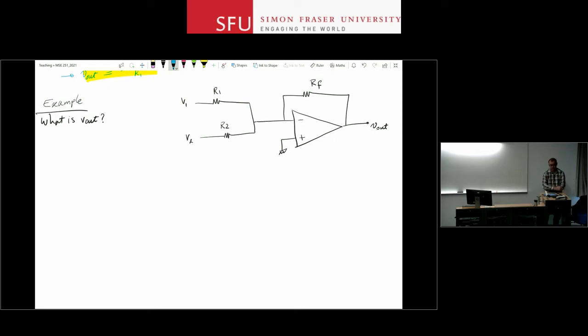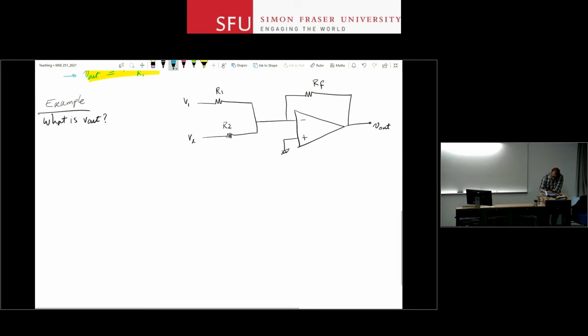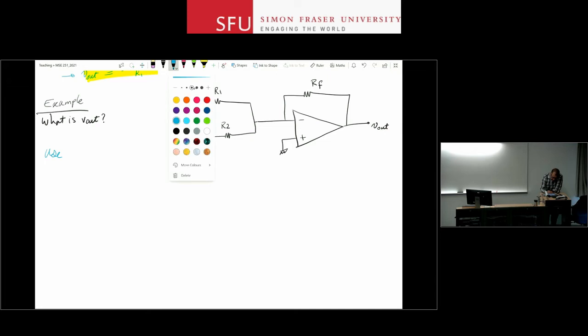So what I'll do is that I go back to my circuit theory. I recognize that this is a linear circuit, so I should be able to use superposition. So I apply superposition. Right?